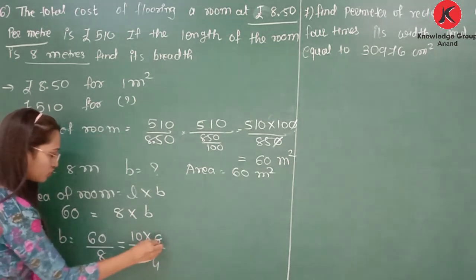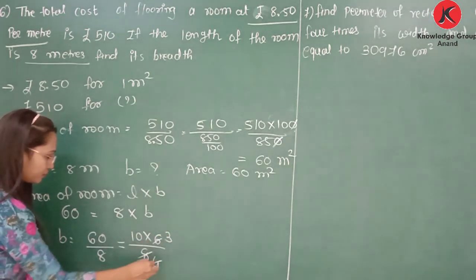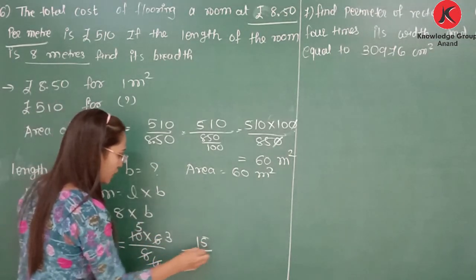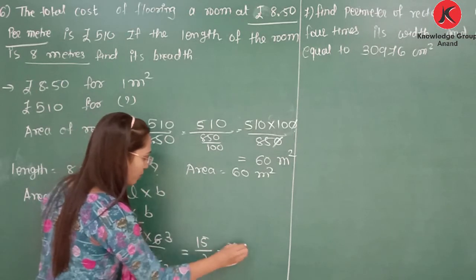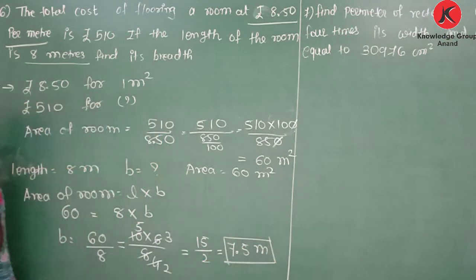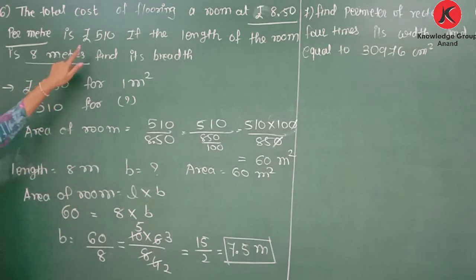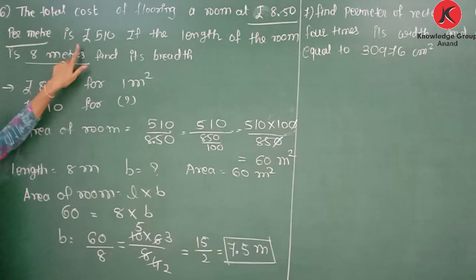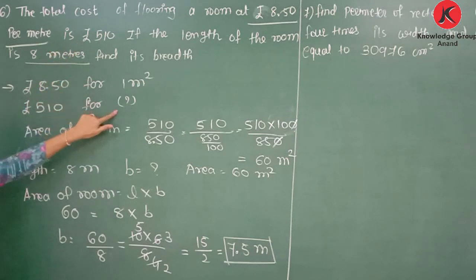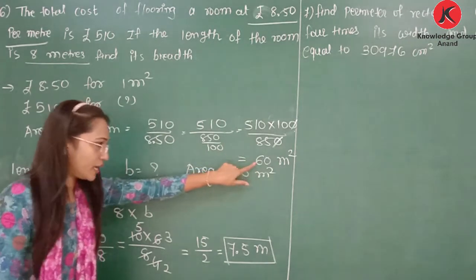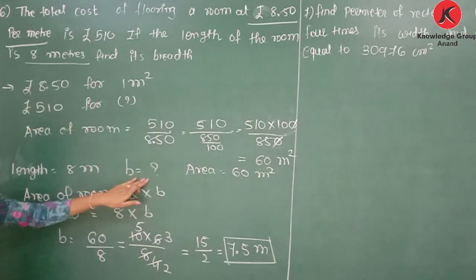So that is 4, 3, 5, so 15 by 2, that is 7.5. That will be right. Clear? From the cost for 1 meter and the cost of the total area, we will find the area that will be covered. So we find the area 60 meters square, and from area and length we will find breadth.